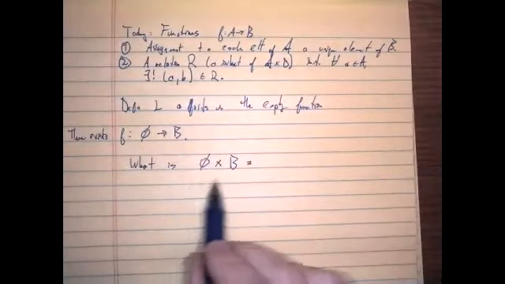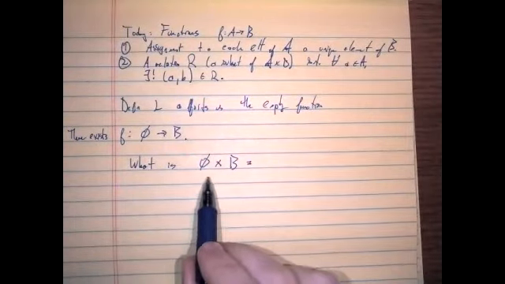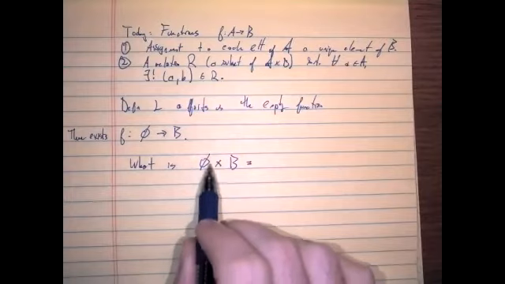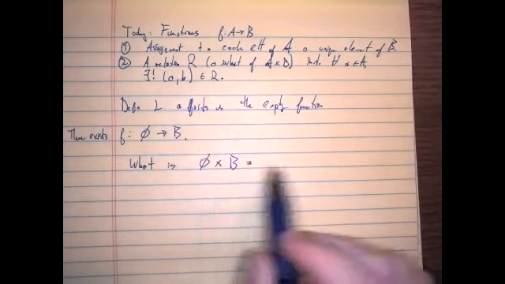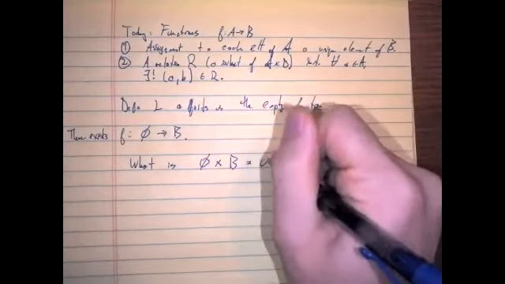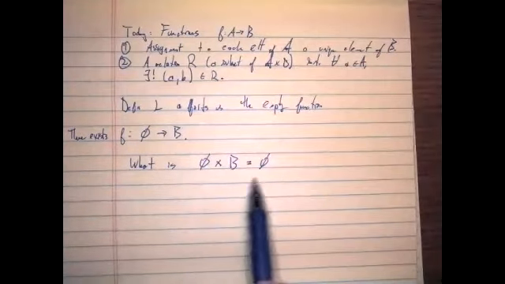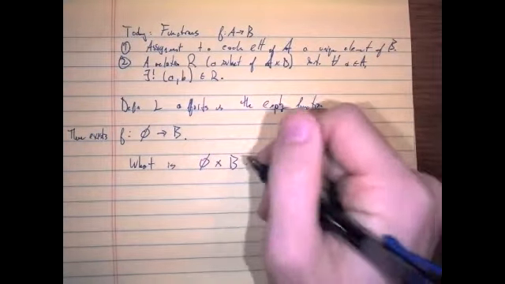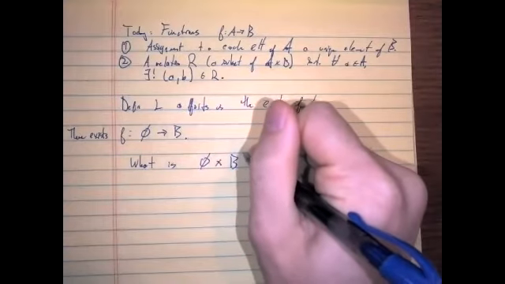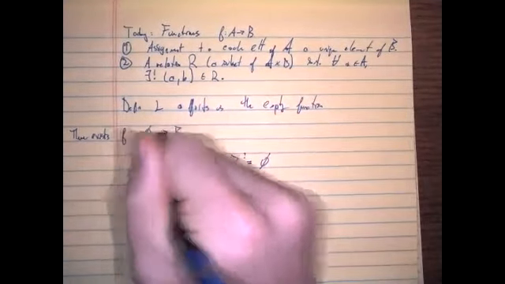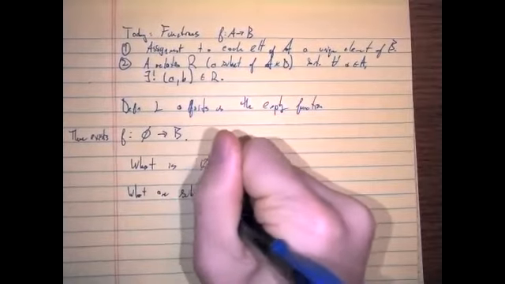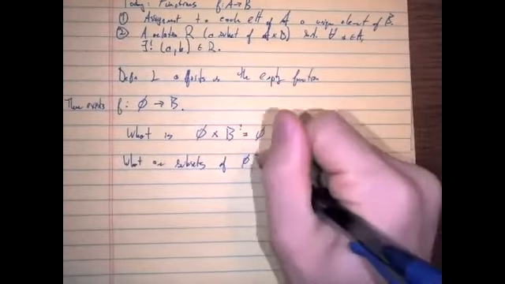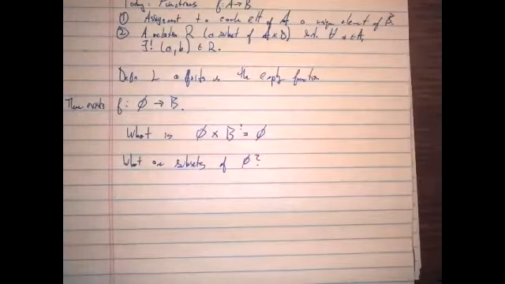This collection is the collection of all tuples where a lives inside the first set and b lives inside the second set, but the first set has no elements, so there can't be any tuples. So this is the empty set. Okay, what are subsets of the empty set? It's just the empty set, right?